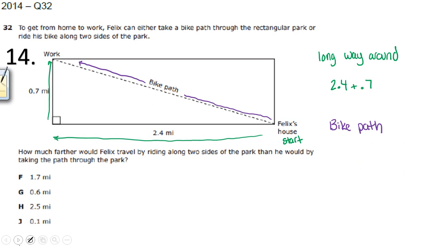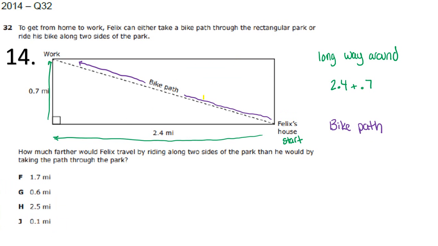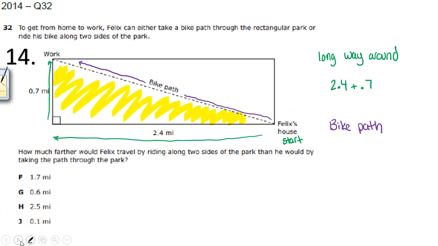However, if we look at the picture and ignore this top part of the picture and just focus on this, this is a triangle. And since it's a triangle, we can use a squared plus b squared equals c squared. We can always use Pythagorean theorem when we know 2 sides and we're trying to find a third side.